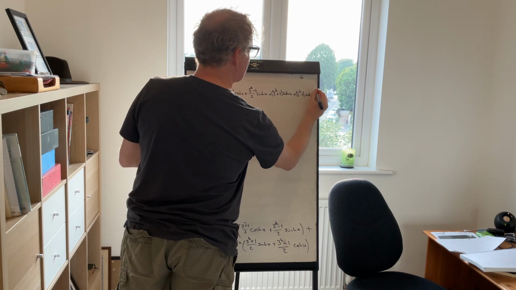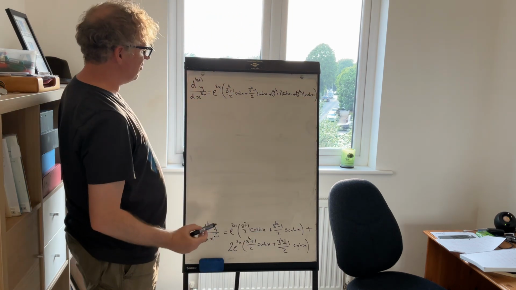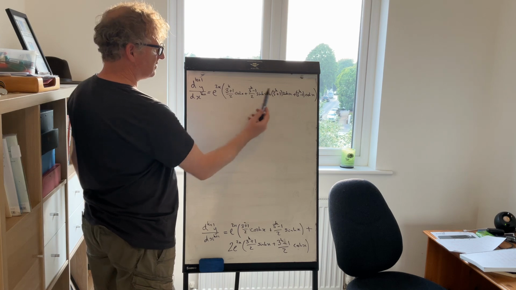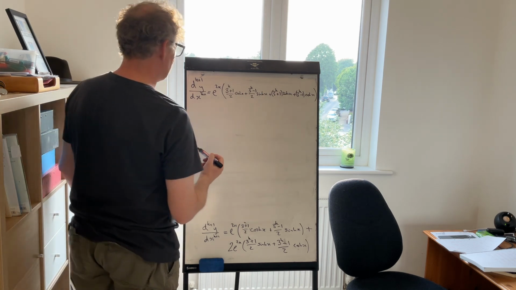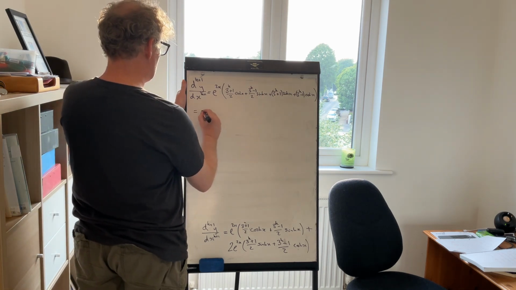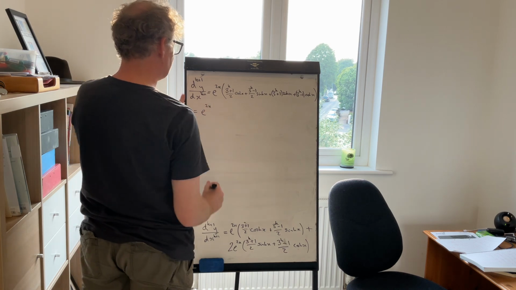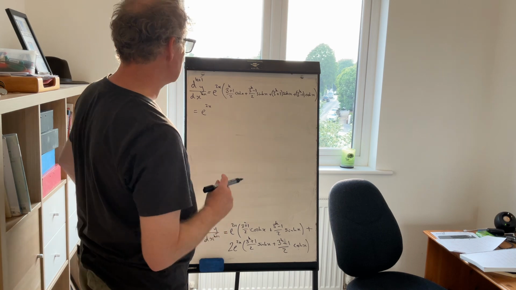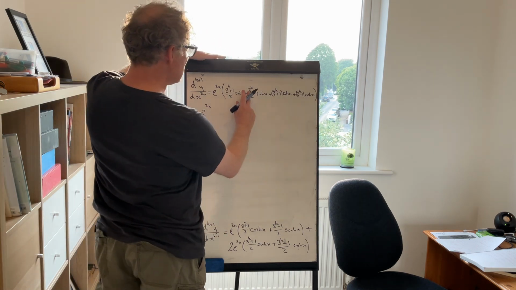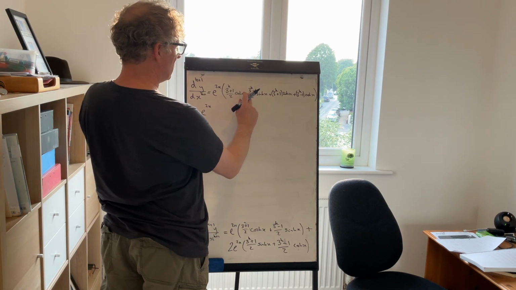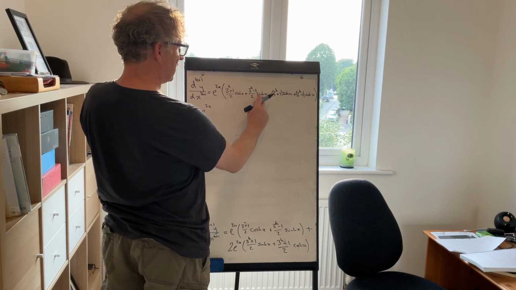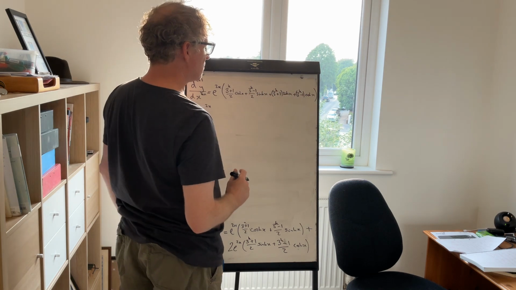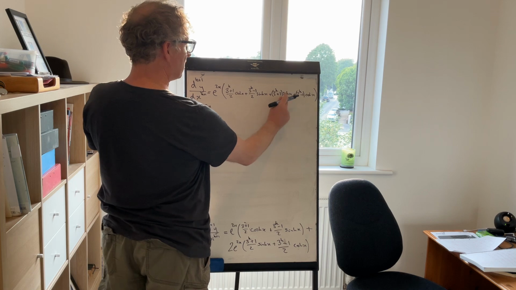And then obviously I'm now going to put my sine x's together and my cos x's together. So that's going to equal e to the 2x. Now, which one do we do first? Let's do the sine one first. So we've got 3 to the k minus 1 over 2 lots of sine x, plus 3 to the k plus 1 lots of sine x.